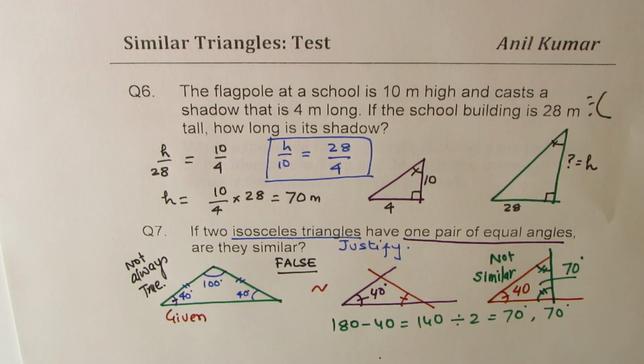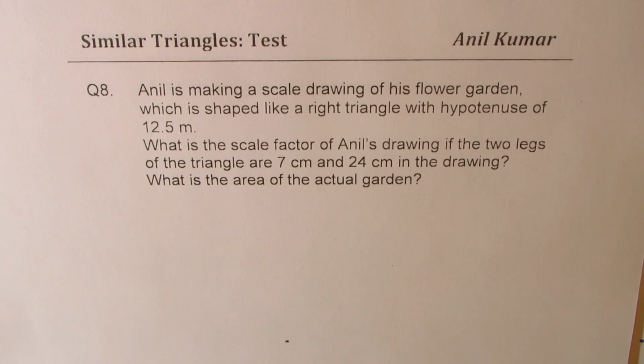So very important question. Now let's take up the last three examples. Now here is another very interesting question on similar triangles. You can actually take a break, try to solve this question, and then get back to my solutions. Question number 8.